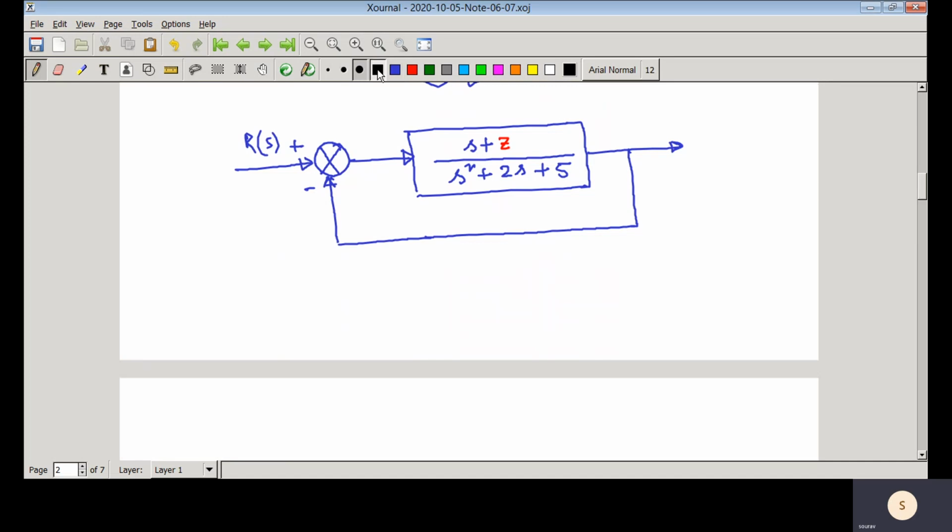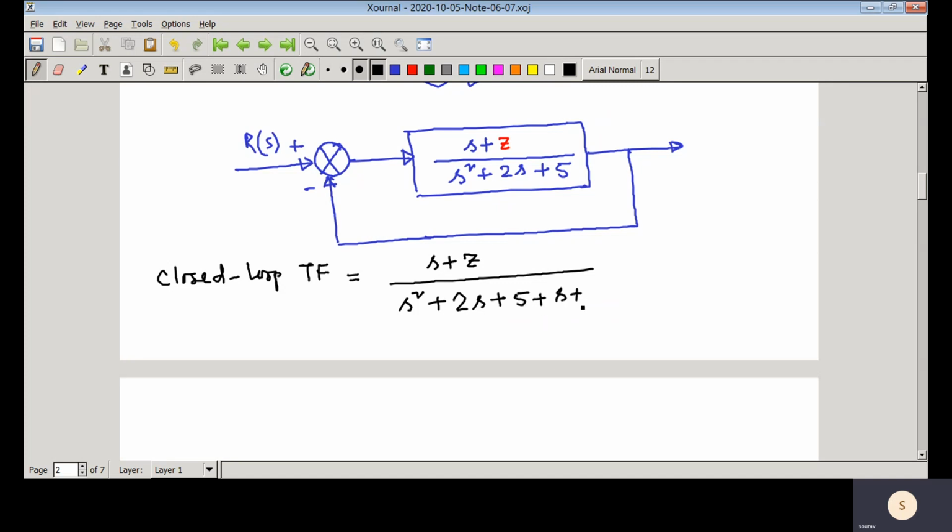The closed loop transfer function is equal to s plus z divided by s square plus 2s plus 5 plus s plus z.